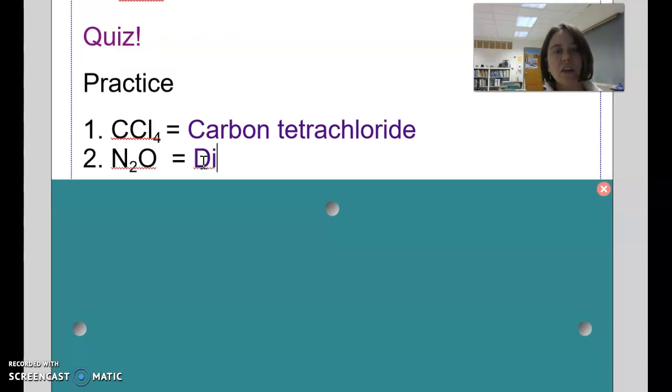Di, and then the name of the first one, nitrogen, and then the root word of the second one, and there's only one of them, so we don't have to say anything, ox, and then the IDE, oxide. So dinitrogen oxide. Okay, then I have lots for you to practice, and we'll go over them in class.